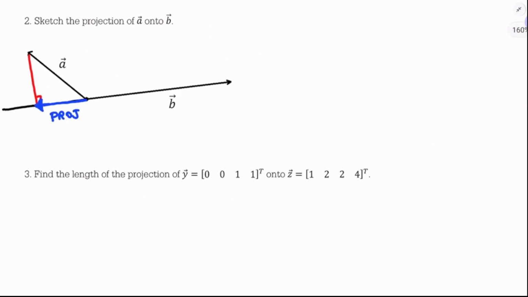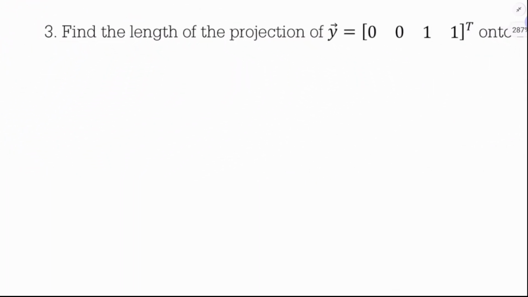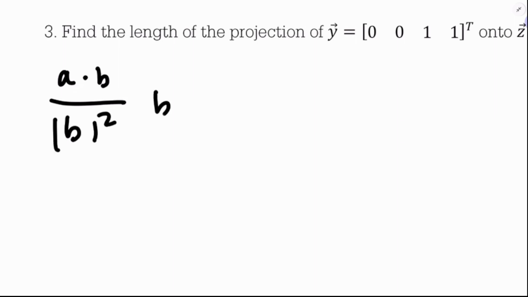Find the length of the projection of Y onto Z. Well, the length of the projection, let me think about that. It's the length of A times cosine of the angle. But let me do some algebra. So remember, the projection of A onto B is A dotted with B divided by B dotted with B, which is the length of B squared, times B. And that's just a constant out there.